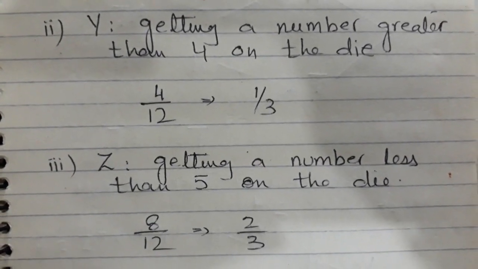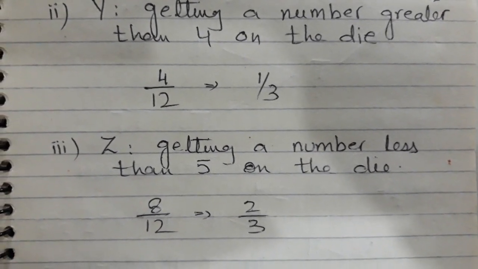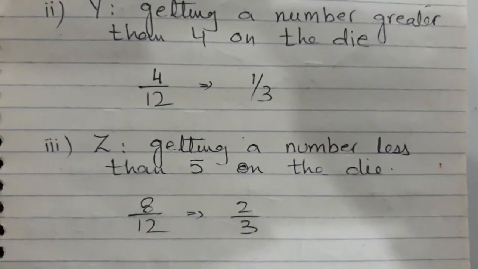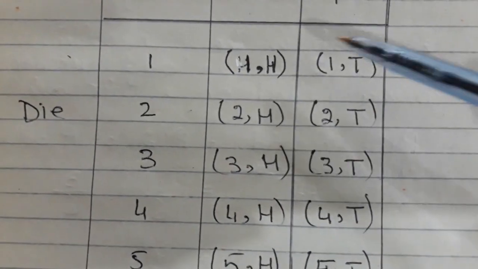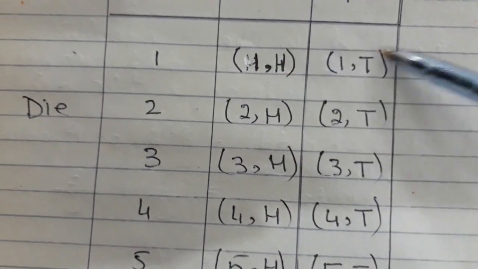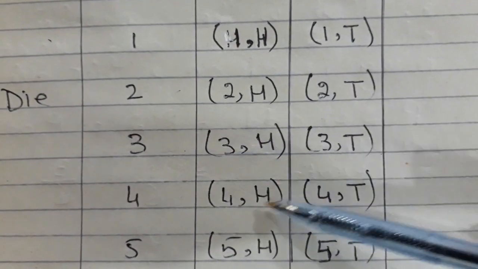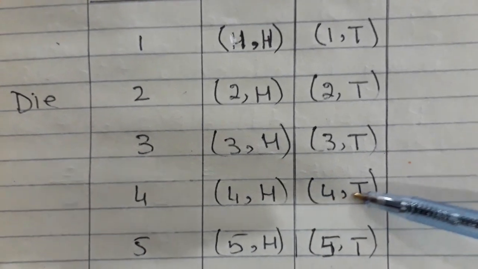Again, the question is not talking about which side on the coin. So basically there are 4 twos are 8, because with 1 it will be head and tail. For example, with 1 you have head and tail, with 2 you have head and tail, and similarly with 3 and 4. So all together they are how many?